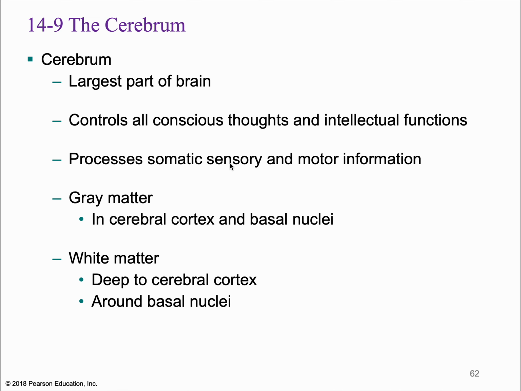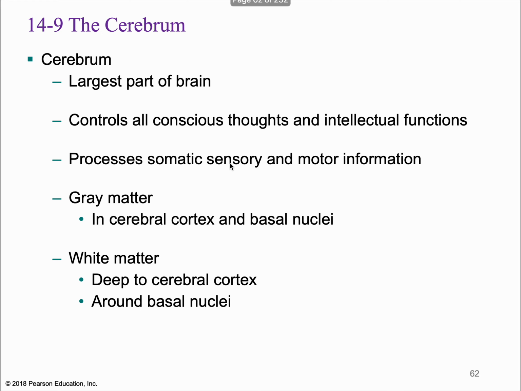We also have gray matter and white matter. Gray matter usually has cell bodies and unmyelinated axons, and white matter is composed of myelinated axons usually.